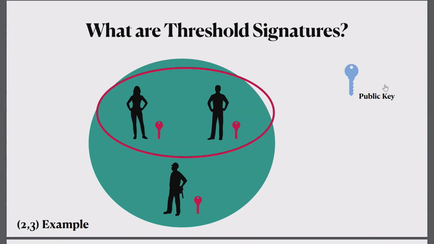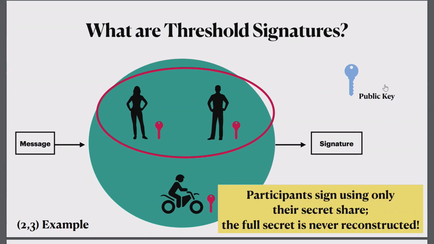What that means is you only need some subset of signers to participate in order to issue a signature. And that's nice because say one of the signers takes off on their motorbike into the mountains, you can still have some set of signers issue a signature. Signers sign using only their secret share, so the full secret is never reconstructed.